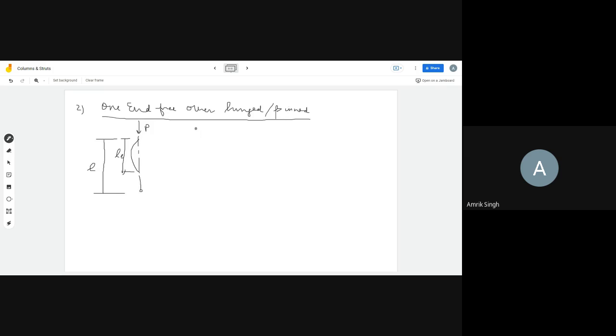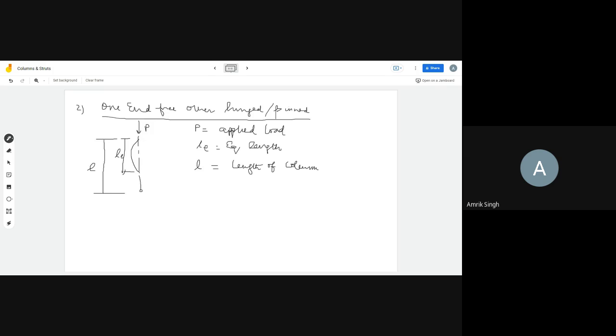Okay, and P is the applied load, LE is the equivalent length, and L is the length of the column.